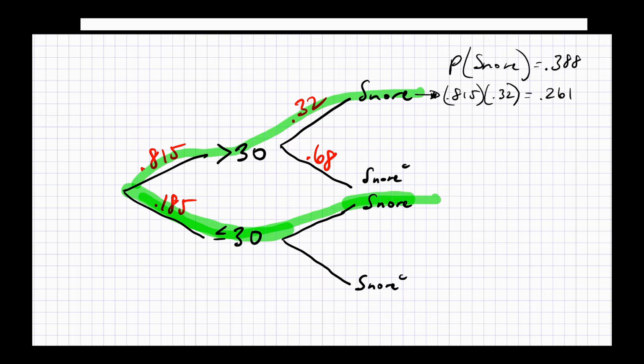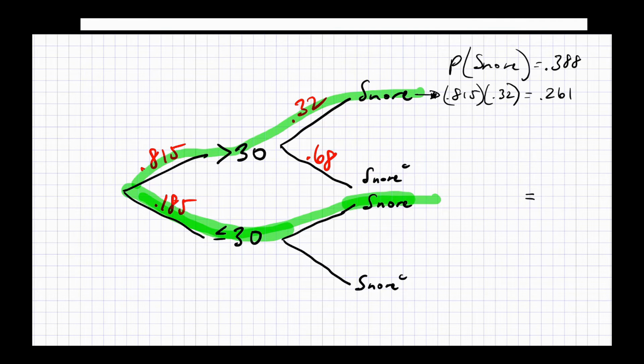Okay. So I know I'm missing how much? What part am I missing? I can subtract those to figure out what this equals, because those are the only two ways to be snorers. If the total snoring is 0.388, and I already accounted for 0.261, the rest has to come from this path here.